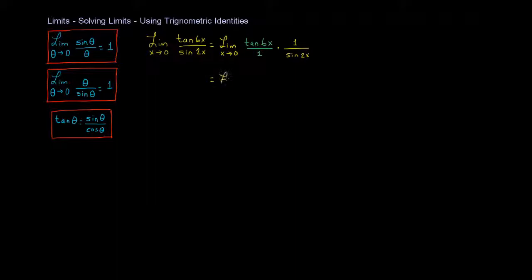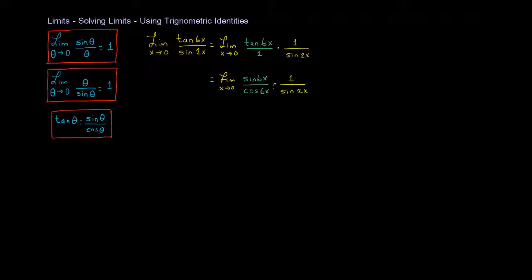Let's continue with the limit when x approaches 0. Now, instead of writing the tangent of 6 times x, I'm going to use this identity. So it would be sine of 6 times x over cosine of 6 times x, times 1 over sine of 2 times x.